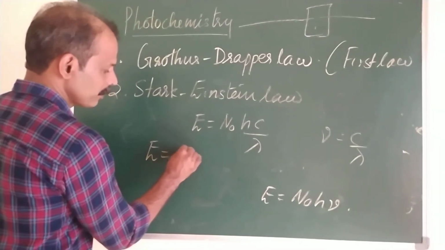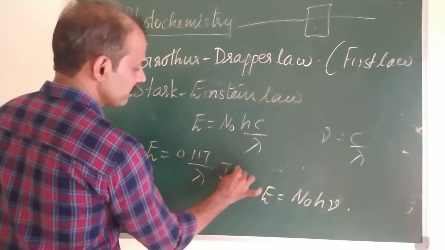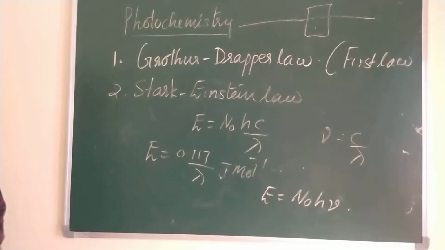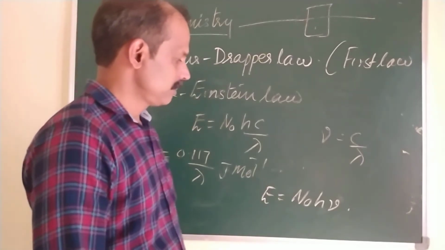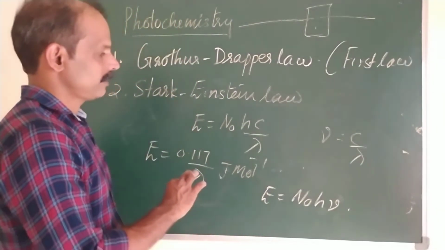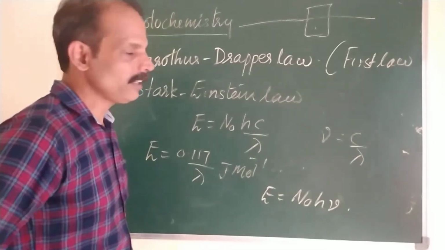That is 1 Einstein. It is equal to 0.0117 by lambda joule per mole. So we discussed two laws governing the absorption of light followed by chemical reaction.